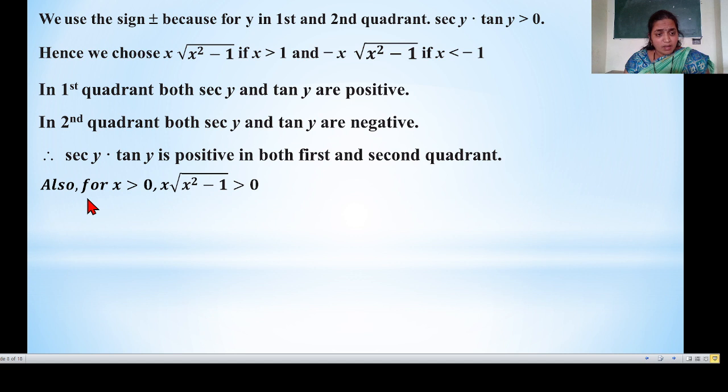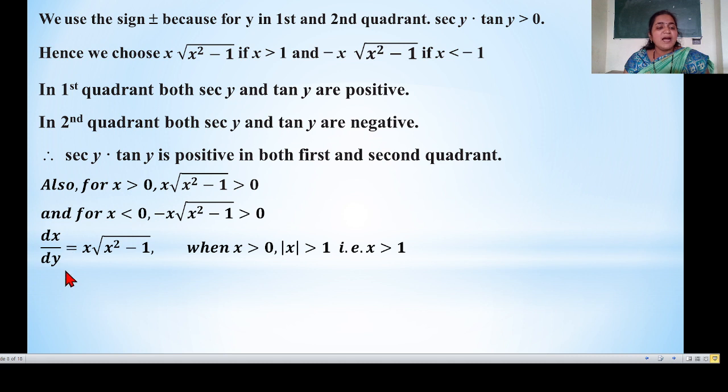Now also for x greater than 0, x square root of x square minus 1 is greater than 0. And for x less than 0, minus x multiplied by square root of x square minus 1 is also greater than 0.